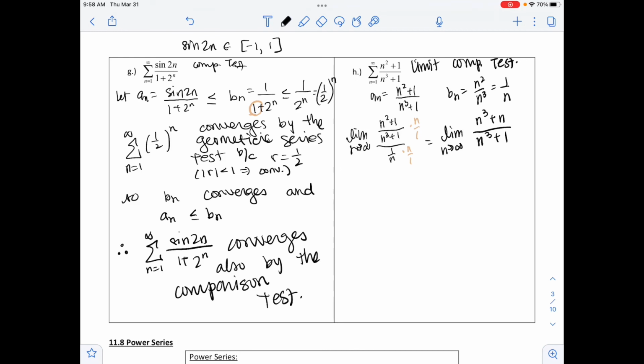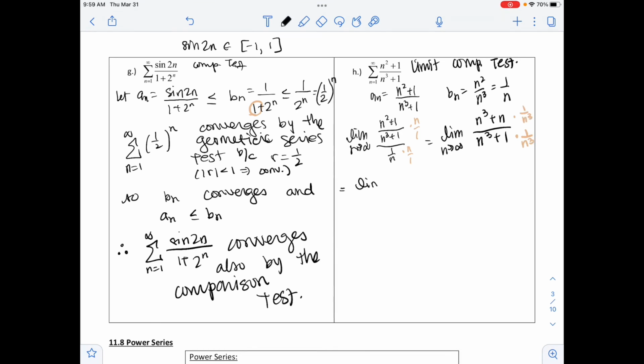And evaluating this, we get infinity over infinity, which is indeterminate. So again, we're going to multiply by 1 over the degree in the denominator, so 1 over n to the third, to everything in the numerator and everything in the denominator.